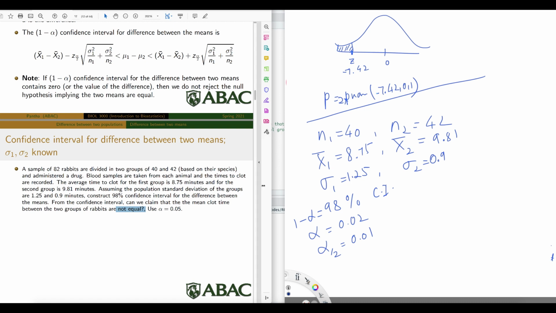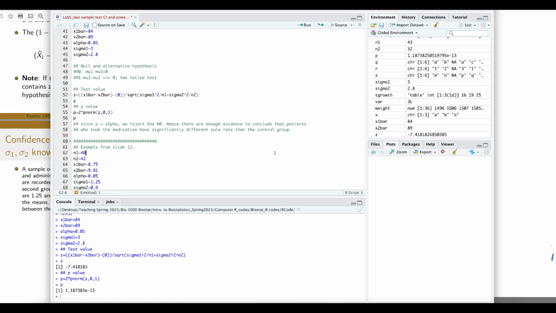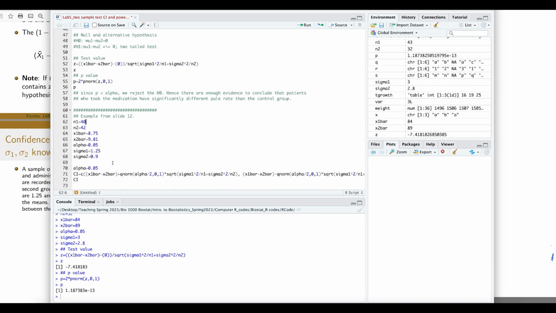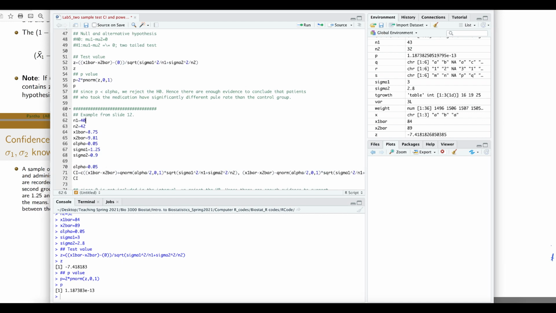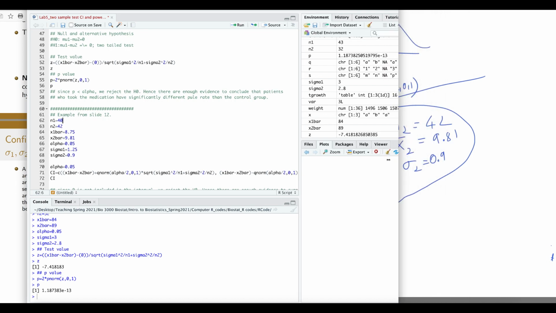What I'm going to do here is enter all these things in R and follow exactly this same formula to find the confidence interval. Let us see that. Let me make it a little bit small so that you can see those things.